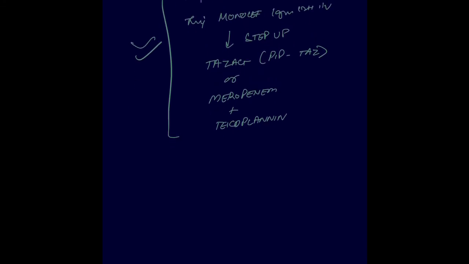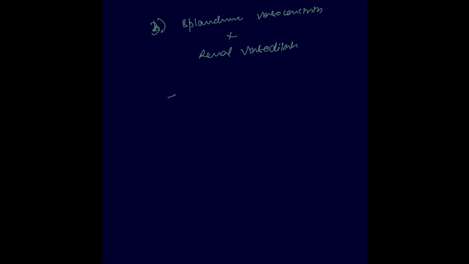The second thing you need to do is give drugs which will cause splanchnic vasoconstriction and renal vasodilation. Okay, so you can use terlipressin for this purpose in the dose of 1 milligram 4 to 6 hourly IV. You can also use octreotide.